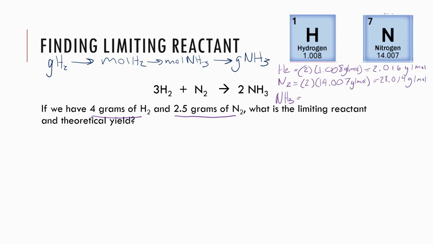And then finally, we have NH3. So we would do 14.007 grams per mole, that's the molar mass of nitrogen, plus 3, because we have 3 hydrogens, times the molar mass of hydrogen.